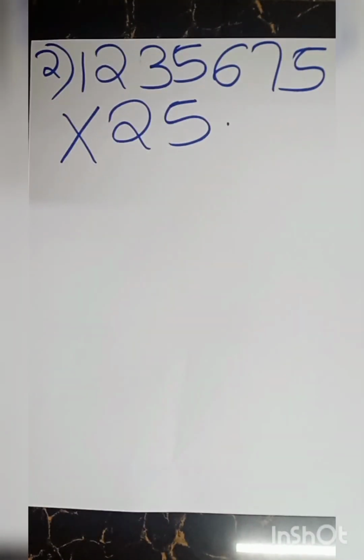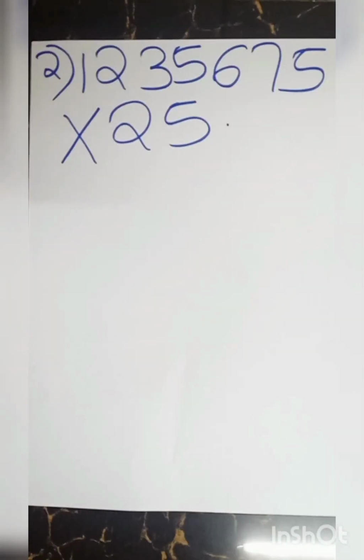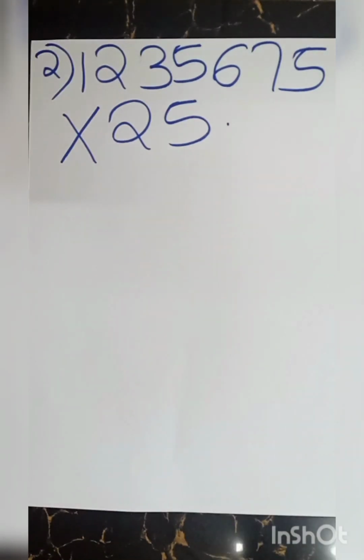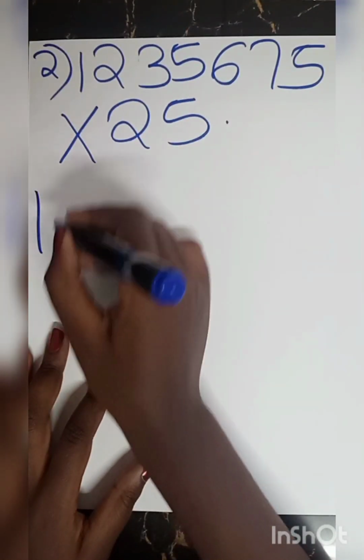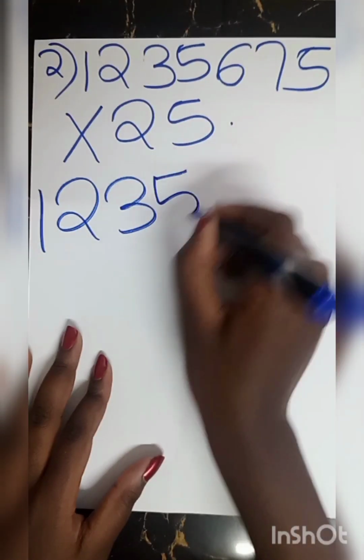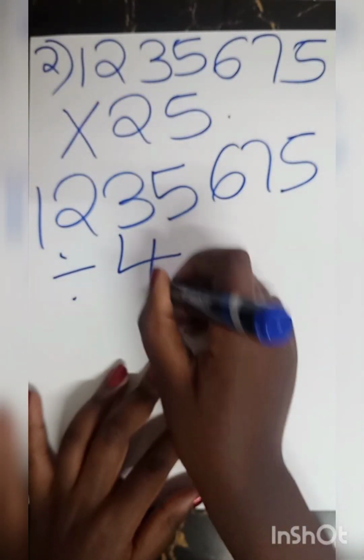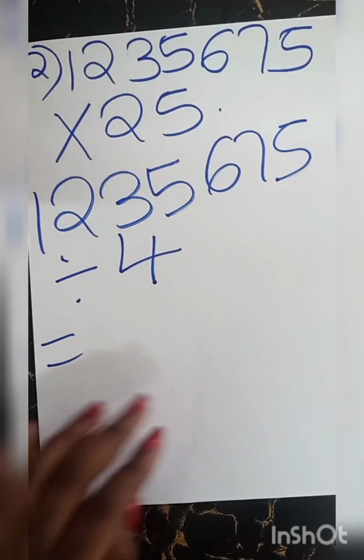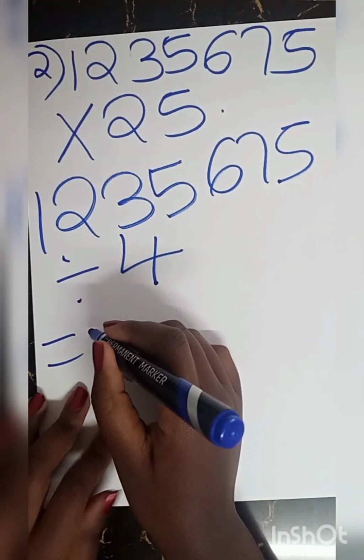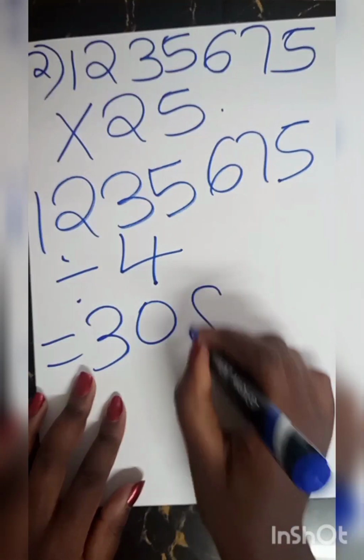Let's look at another example. So if you have a question like this, and you're asked to multiply it by 25, the first step is to divide it by 4, okay? And you realize that this number is not divisible by 4, but we still do the same thing. So when we divide this number by 4, you get this number here.